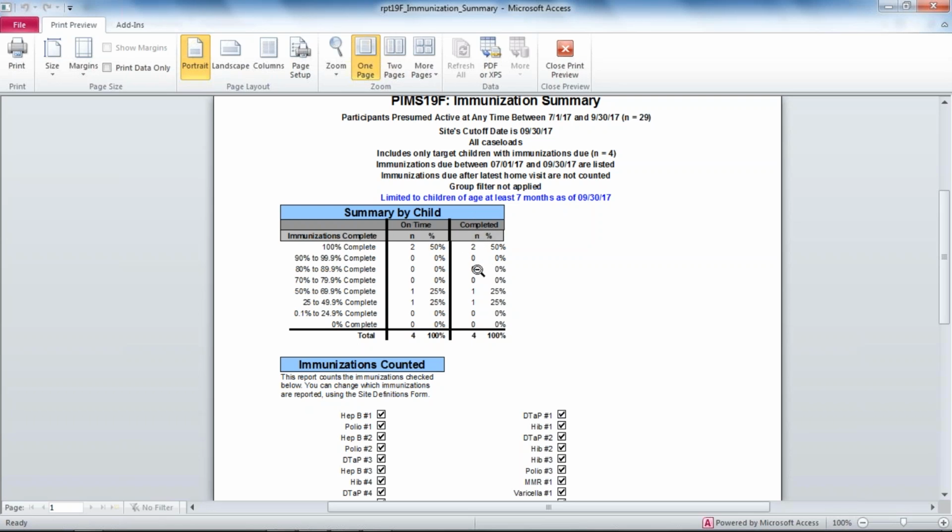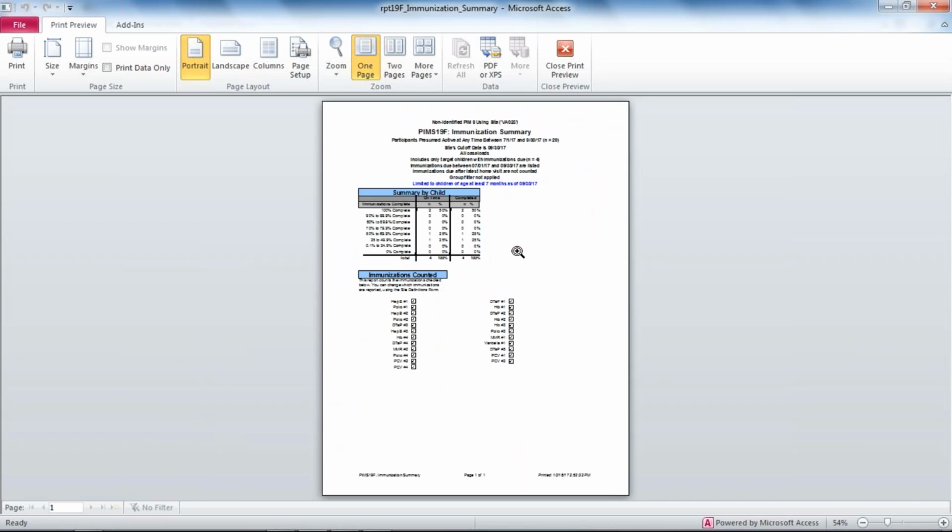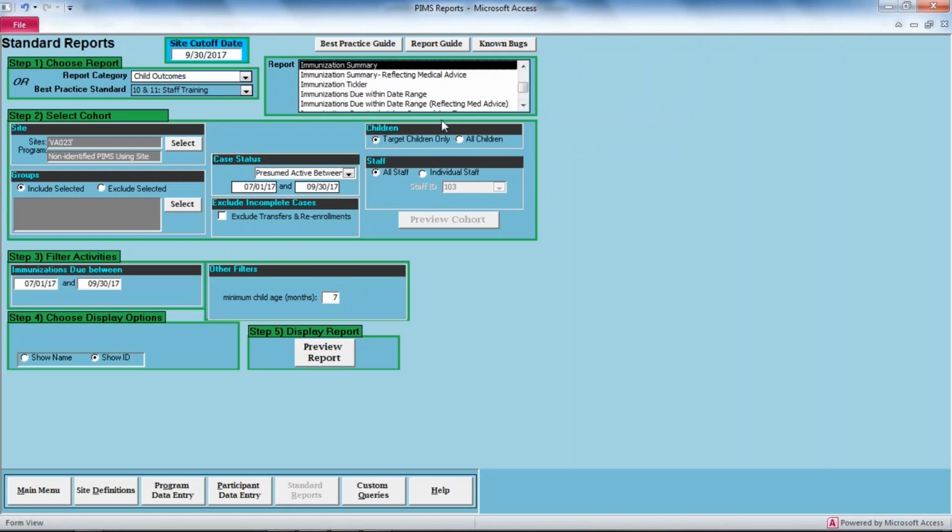We use the completed, and in this case, 2 of the children were 100% up to date in that quarter with the immunizations that were due in that quarter. Okay, so that's the immunization summary, or the immunization summary reflecting medical advice.